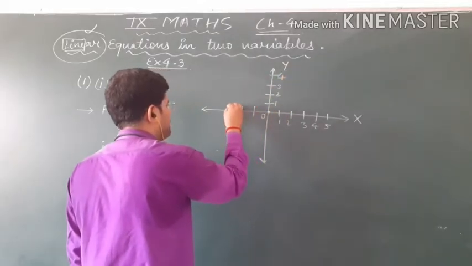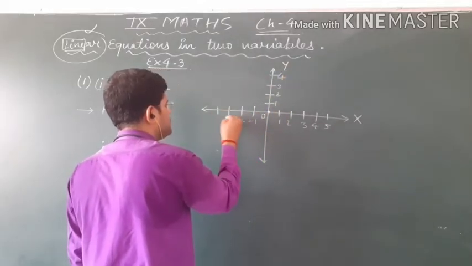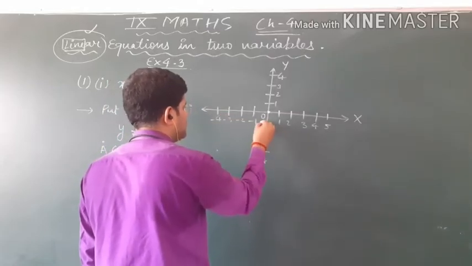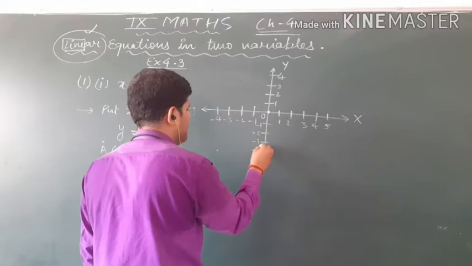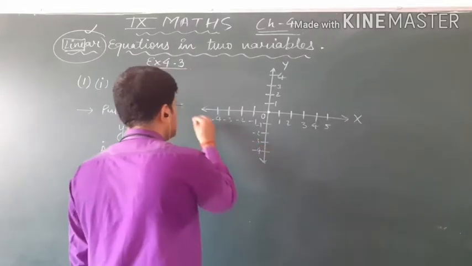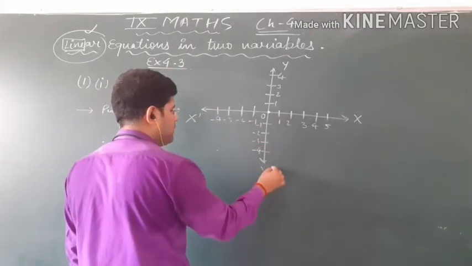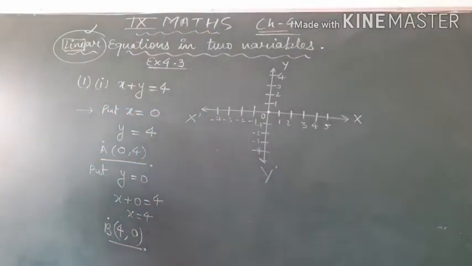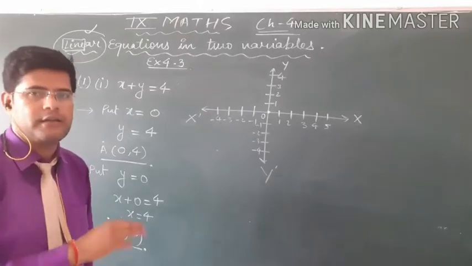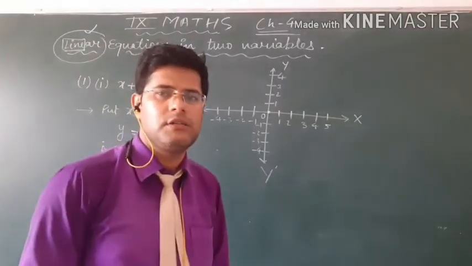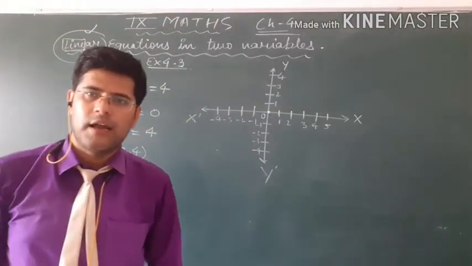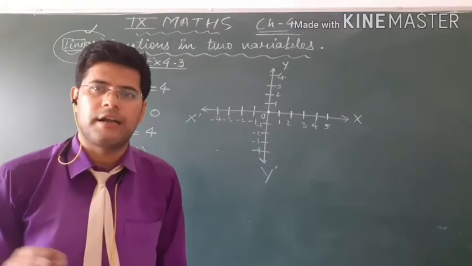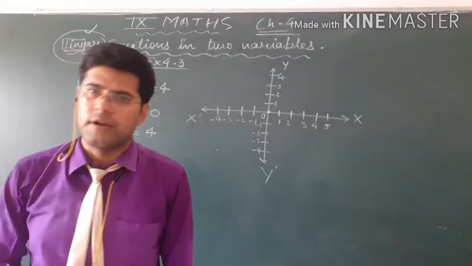And negative on the left side, minus 1, minus 2, minus 3, minus 4, and negative in the downward direction, minus 1, minus 2, minus 3, minus 4. If we have only positive numbers, then also we have to form the full graph. When we have only negative numbers, then also we have to form a full Cartesian plane, because all the equations which are linear can be made on the Cartesian plane and on the full graph.